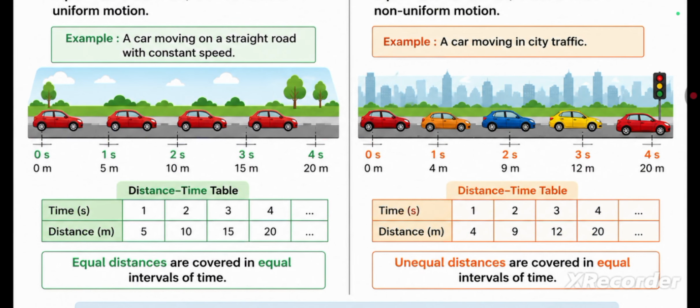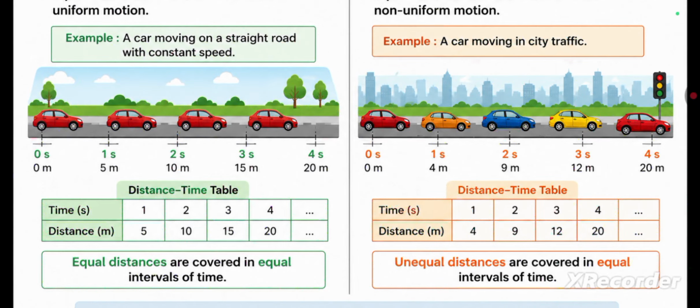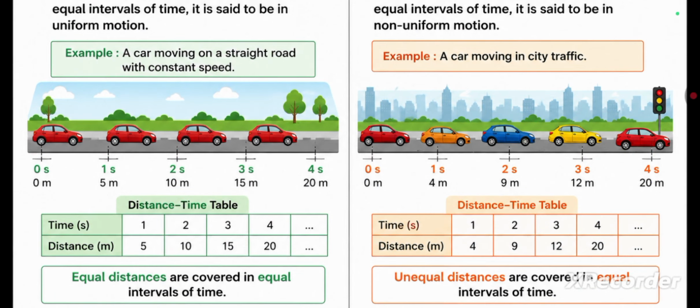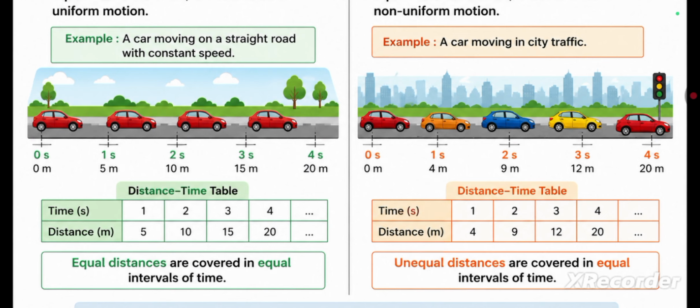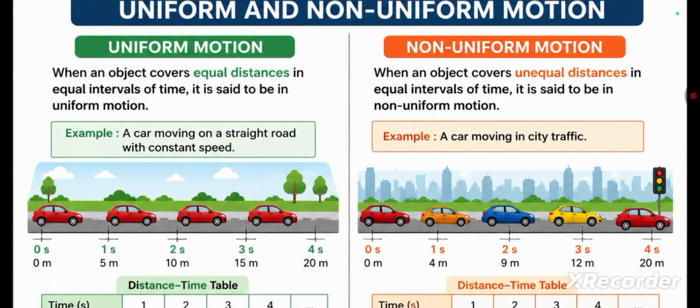After 1 second the car moves 5 meters, after 2 seconds 10 meters, after 3 seconds 15 meters, and after 4 seconds 20 meters. In the same time intervals, it moves the same distance. So equal distances are covered in equal intervals of time. This is called uniform motion.